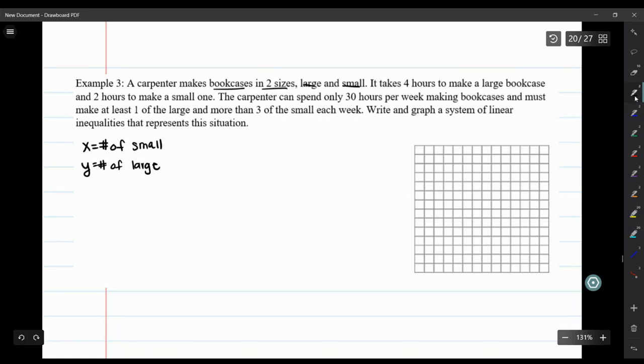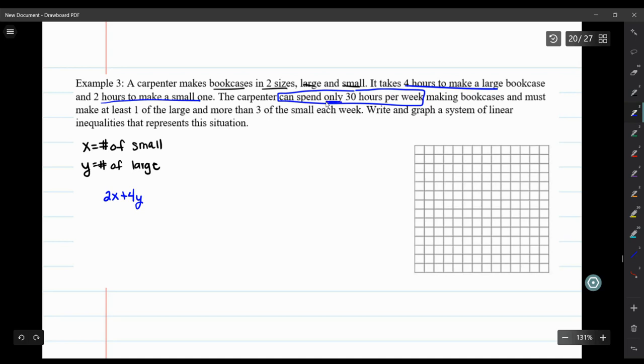Okay? Now let's talk about inequalities. So let's look for totals. I can only spend 30 hours per week making bookcases. There's a total of 30 hours. So how long does it take me to make a small one? It takes me 2 hours to make a small bookcase. So 2x plus, it takes 4 hours to make a large bookcase, 4y.